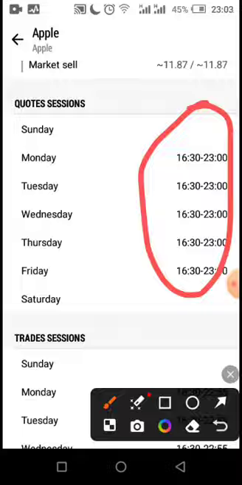Then, since GMT time is 2 hours behind Zimbabwean time, Zimbabwe and SA time will be 7 hours ahead of New York or USA time in November to March months. Then in March to November months, Zimbabwean or South African time, CAT time, will be 6 hours ahead of New York, USA time.